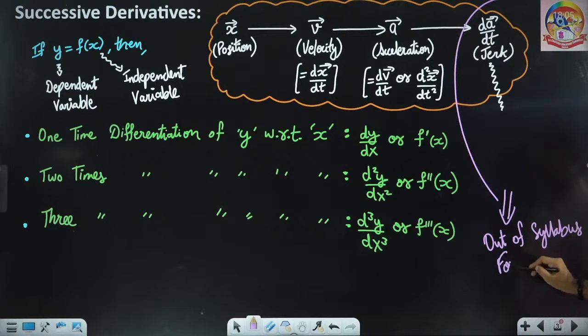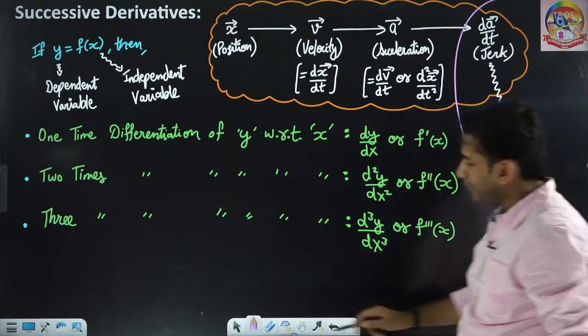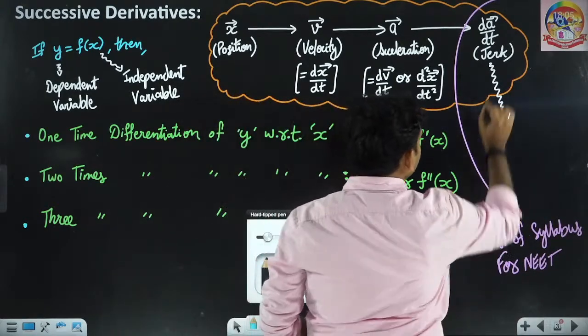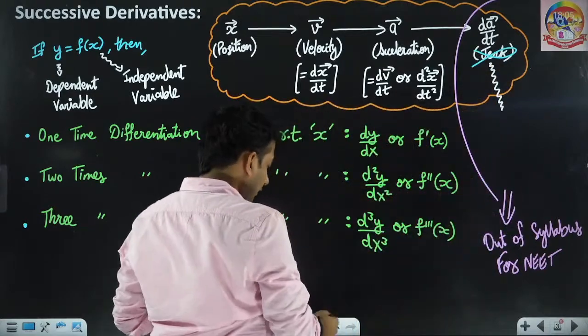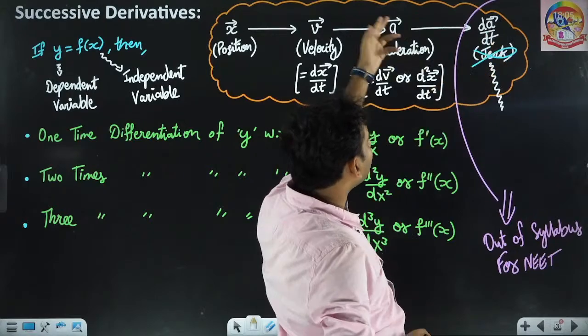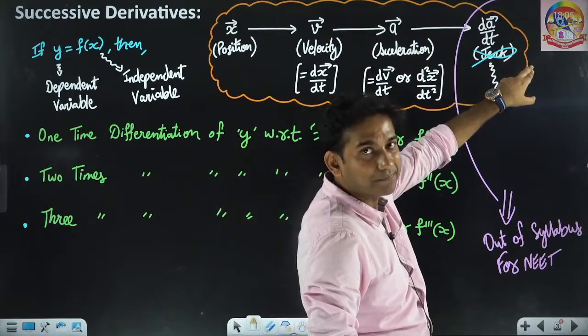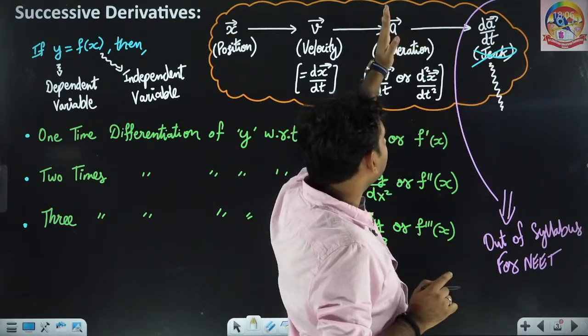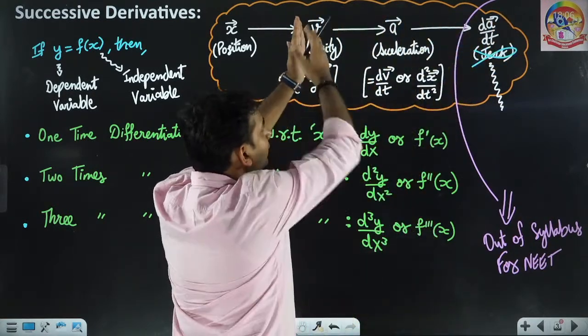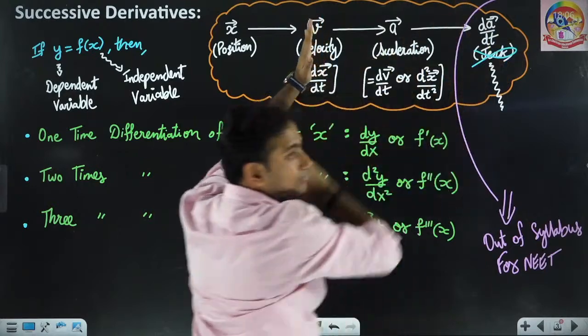This is not in the syllabus, I'm just telling you the notation, how to write it. Forget about the name. If something is dA by dt, it is differentiation of A with respect to time. From velocity, 1 step. From velocity to jerk, 2 steps.